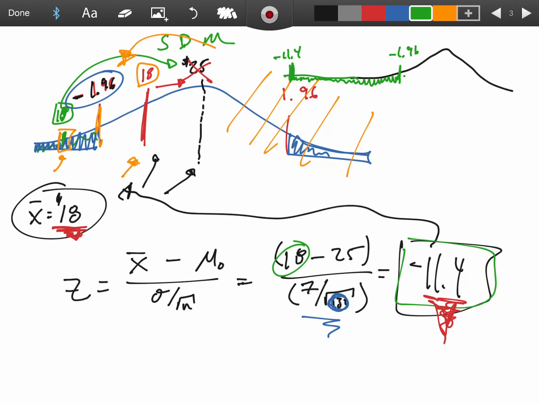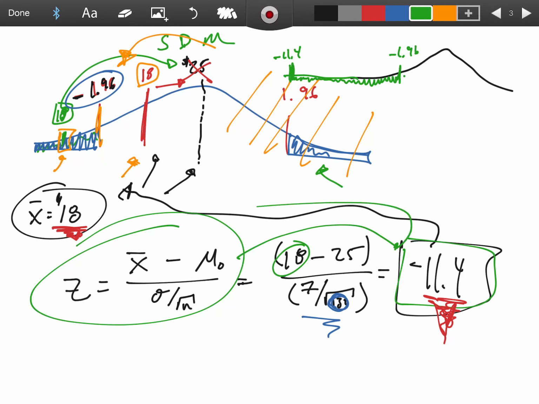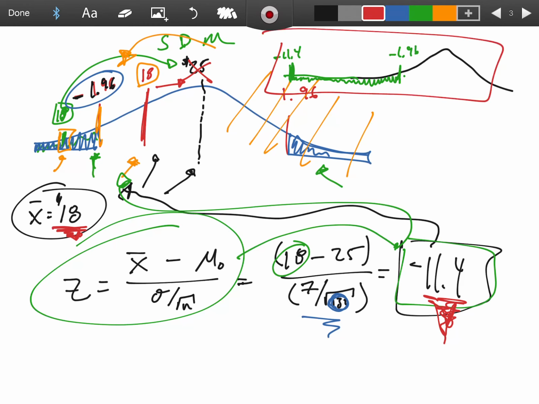And then I use that to draw and build the distribution. I then calculate the test statistic. I run back to my graph and make a comparison to see where I am in relation to the critical value. And we saw right here that we're way to the left of the critical value. All of this is region of rejection.